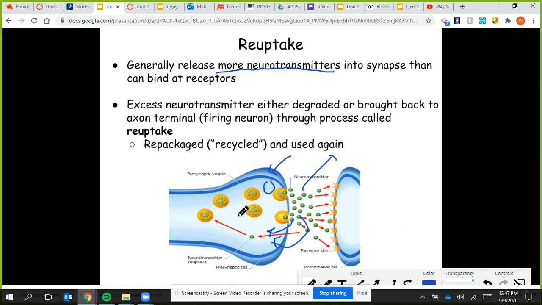Neurons naturally, as long as they are not overused a lot, can make more. Part of the reason why we have to sleep is so that neurons can produce more of the neurotransmitter. But that's what happens with people who are addicted to heroin.